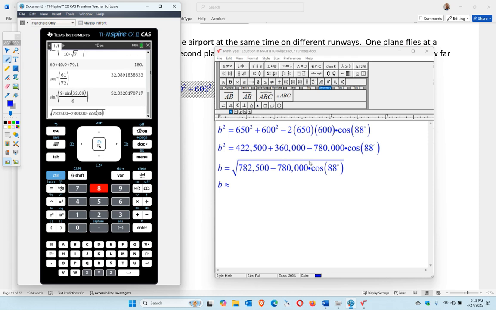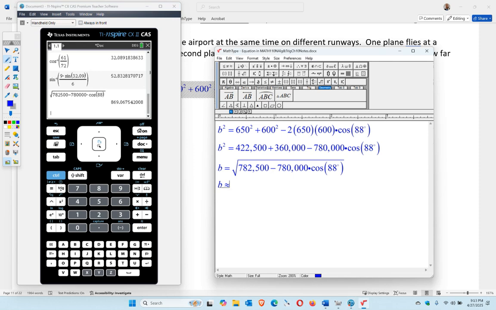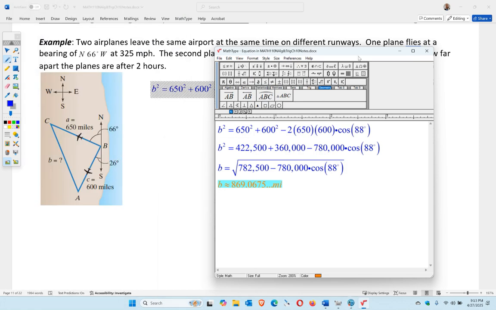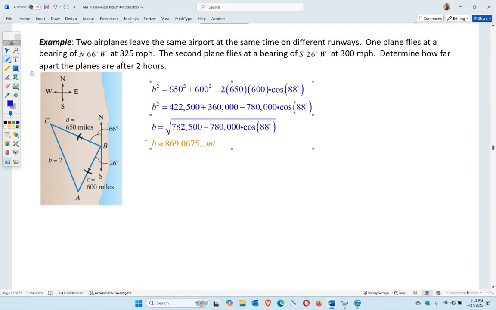A lot of people make mistakes by doing too much in the calculator all at once. If you want to do it all at once in the calculator and take an 80% chance of getting it wrong, you can. I certainly don't recommend that. So, miles. Essentially they're about 869 miles apart from each other after 2 hours. That's how you would do that, law of cosines.